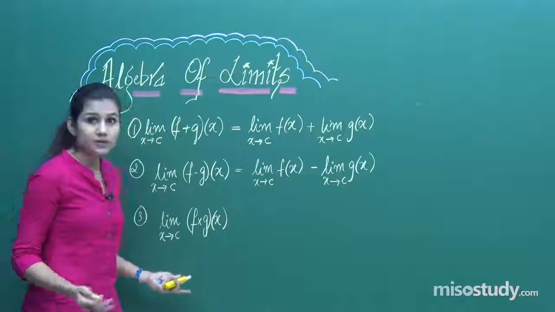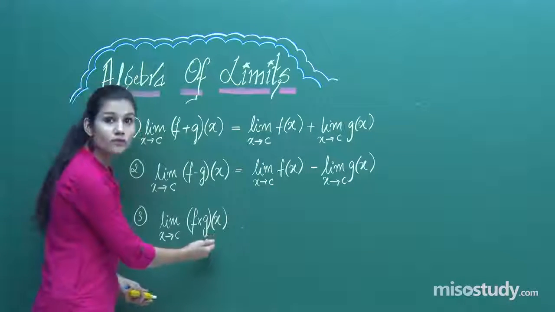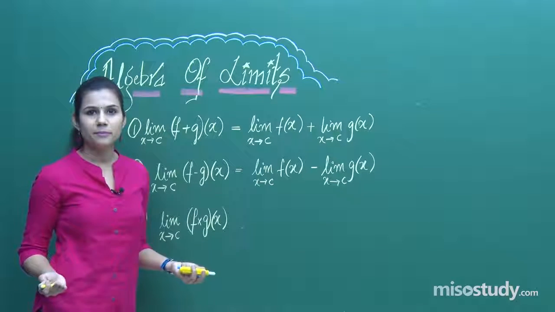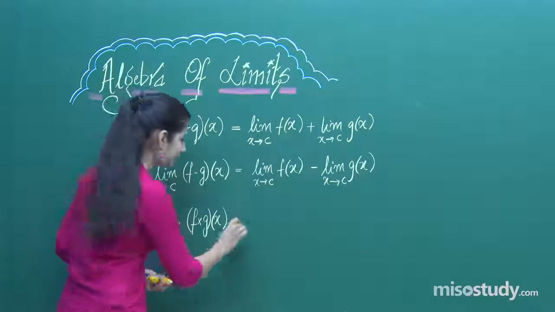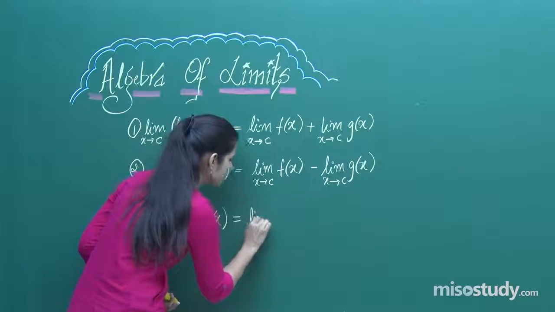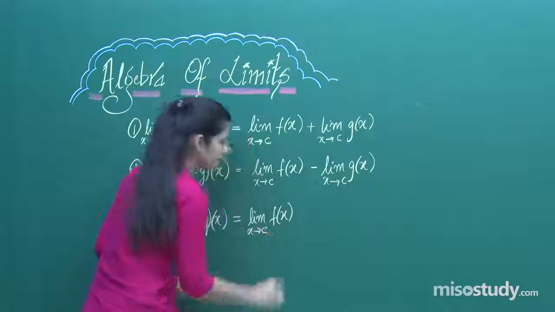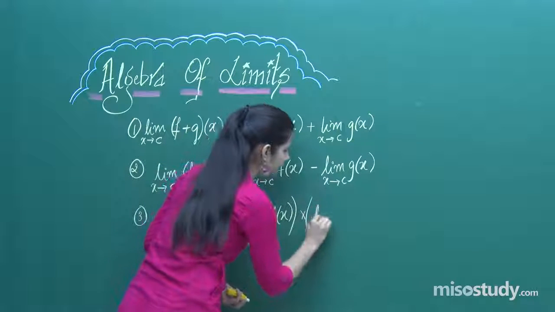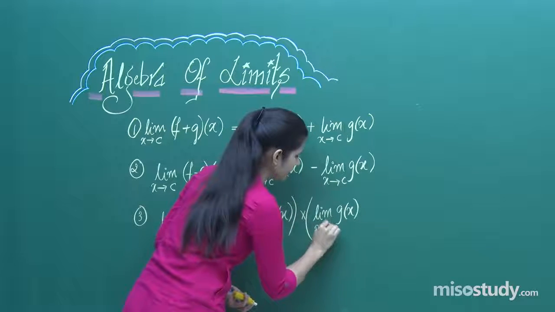If you give me the limiting behavior of f at C and of the second function g at C, I will just take the product of them and obtain the limiting behavior of f into g at C. This is equal to the limit of f at C multiplied by the limit of g at C.